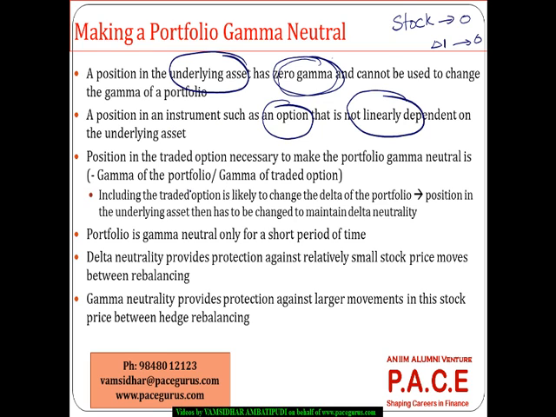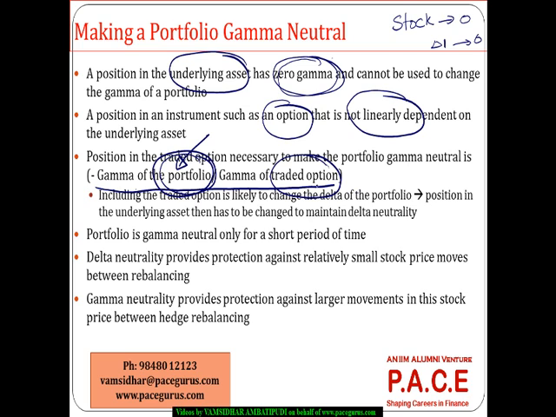What we do to make the portfolio gamma neutral is take a position like this. Try understanding the gamma of the total portfolio. Find out the gamma of the traded option which we are using to make the portfolio gamma neutral. Divide one by the other and take the opposite position.